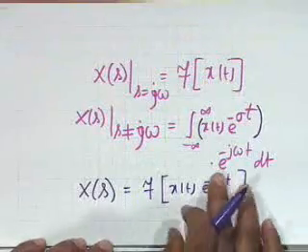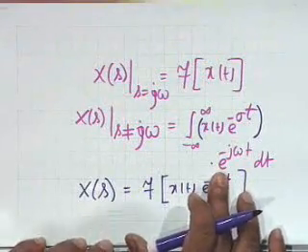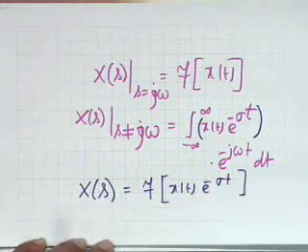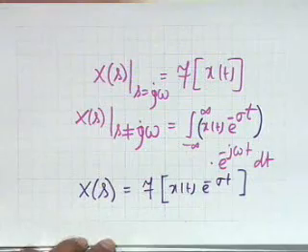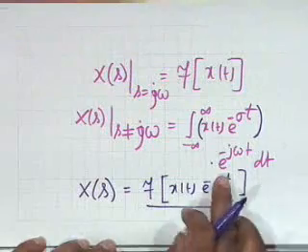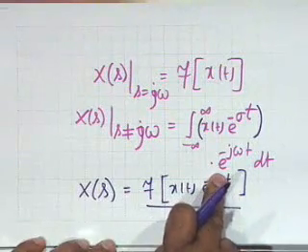The Fourier transform of x of t may not exist, but the Fourier transform of x of t e to the minus sigma t may exist for constrained or restricted values of sigma. That is, for some values of sigma this may exist. All right. For sigma equal to 0, the Fourier transform may not exist.